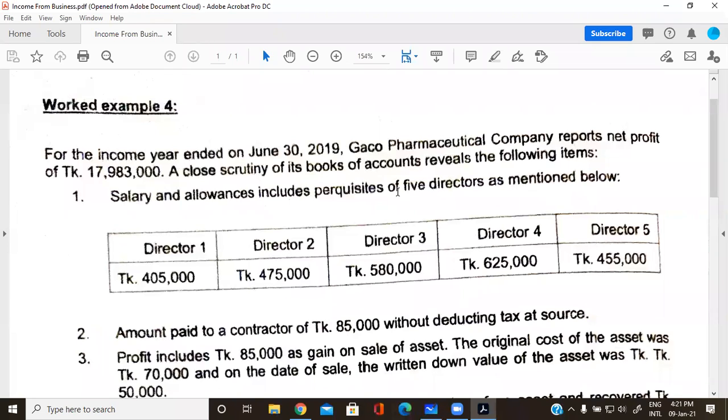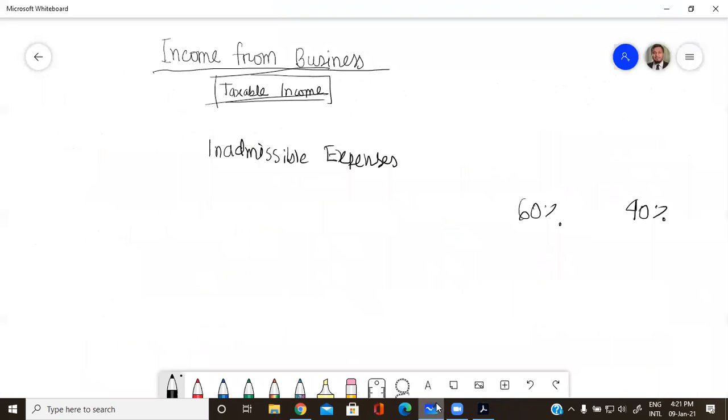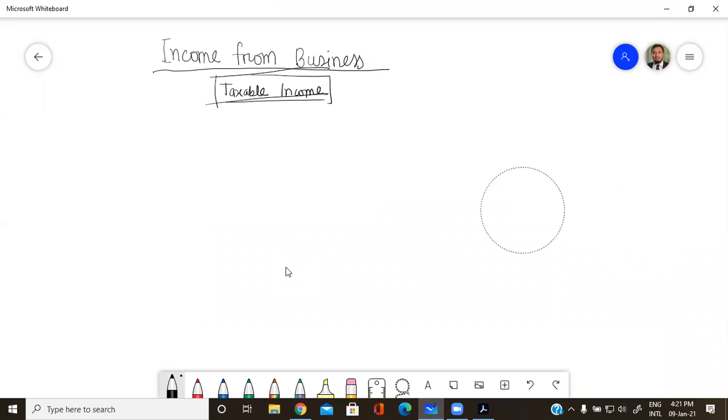We need to check the net profit reported, that is 17,983,000. And this is the accounting disclosed net profit. We started our discussion in the previous class telling that we need to make the adjustment of the accounting net profit in light with the adjustment for tax standard. I'm just writing in the short form for the sake of time.